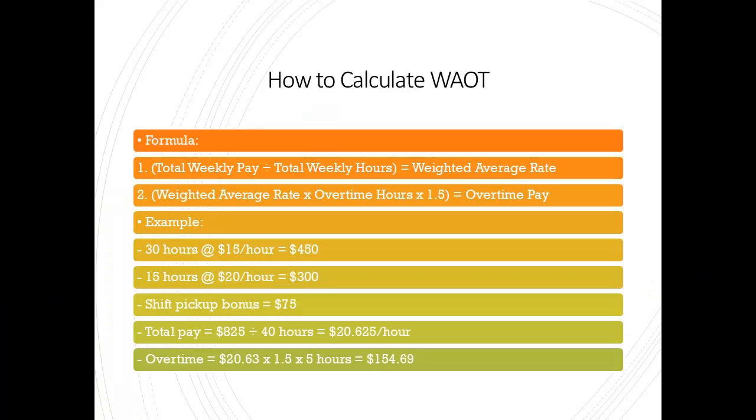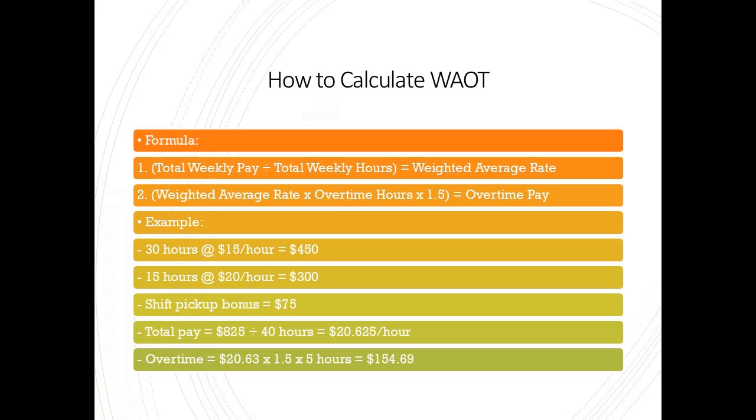Great question. So what we do is we take the employee's base rate and we incorporate not only the overtime rate, but we also need to incorporate the different rate for picking up a different shift, as well as the shift pickup bonus. This is just an example, but in this example, we have an employee that works a total of 45 hours.